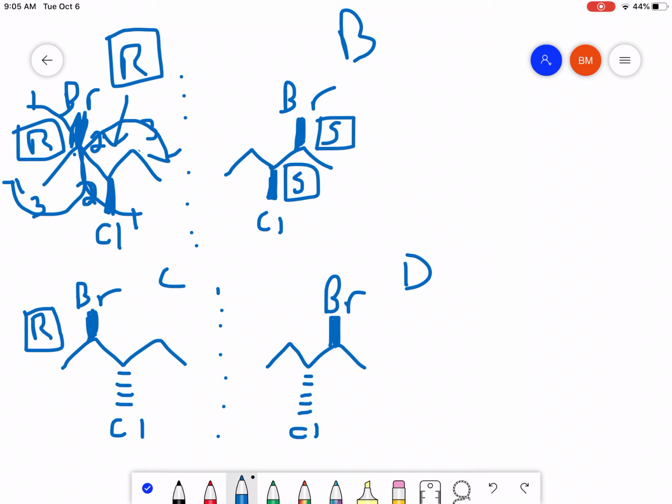Now, the middle carbon here, the one with the Cl, that's a bit different, right? Because in the first structure, we had a Cl on a wedge. Now we have it on a dash. Well, if we switch the groups, doesn't that mean it'll have the opposite configuration? It absolutely does, right?